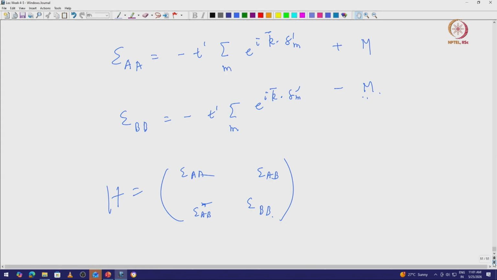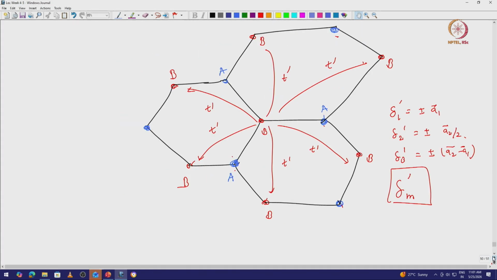So what he also proposed is that let us put a chiral phase associated with the hopping, with all of them. And chiral phase is what? We already talked about that.